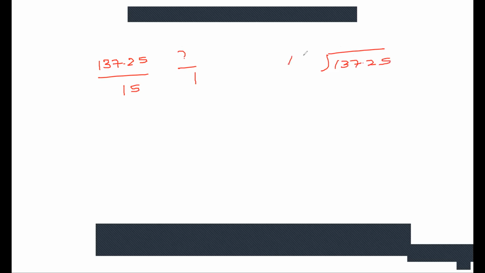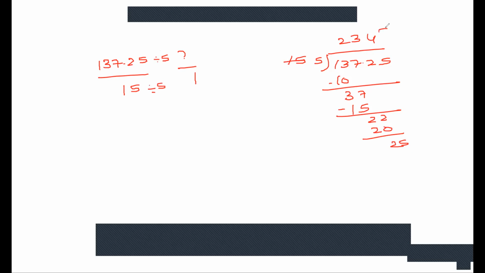137.25 over 15. Let me divide it by 5, girls. 5 2s are 10. 5 3s are 15. 5 times 4, 20.